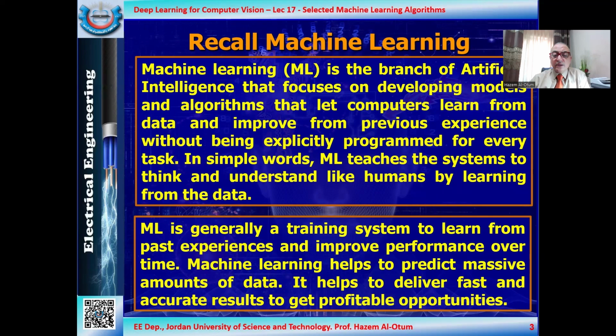So in the training stage, we are trying to let the system learn its own parameters, like the weights and the biases, and develop an output that is very close to the true output that was designed before.